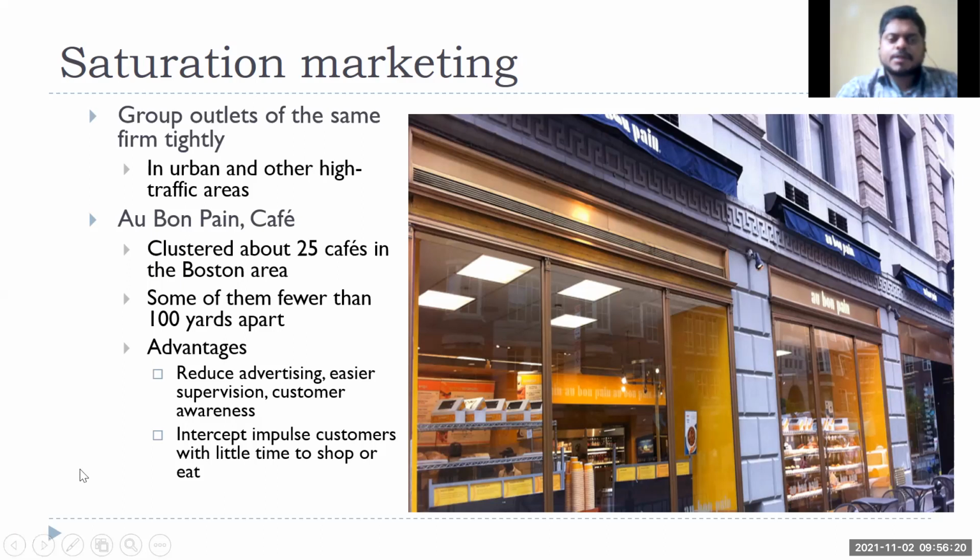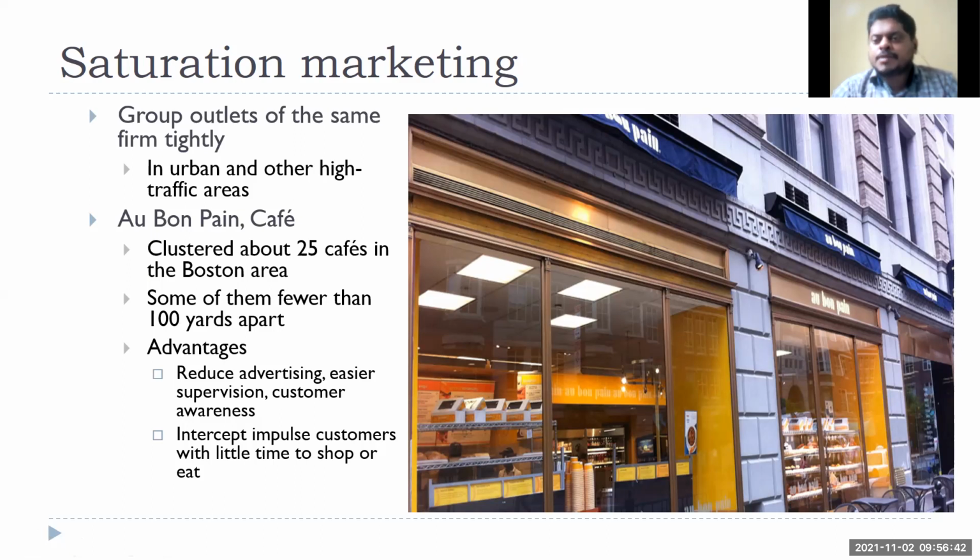And this has happened for this cafe, which has around 25 cafes within a small area, around 250 meters apart. So within a 2 or 2.5 kilometer range, they have around 25 cafes, right? If you look into the reasoning behind it: reduced advertisement.